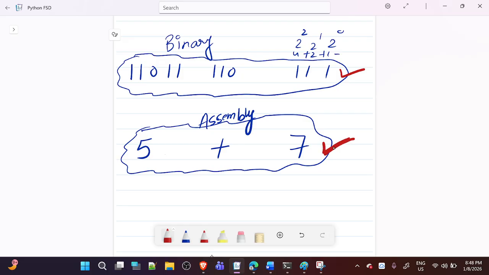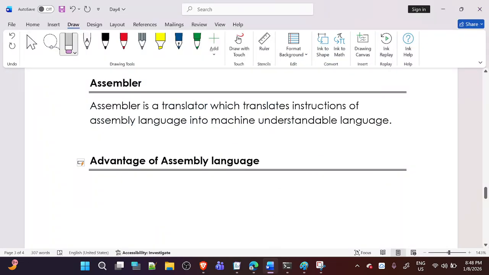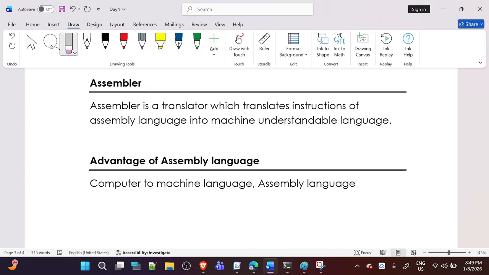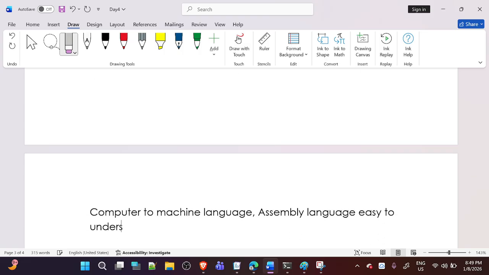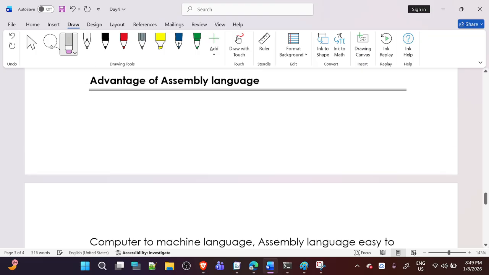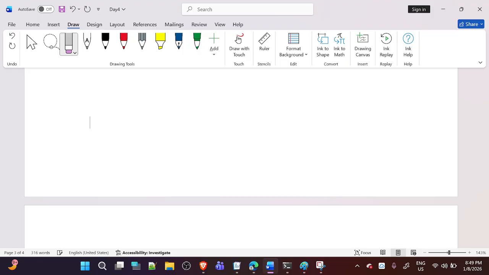It is more readable and more understandable compared to binary language, right? So compared to machine language, assembly language is easy to understand.